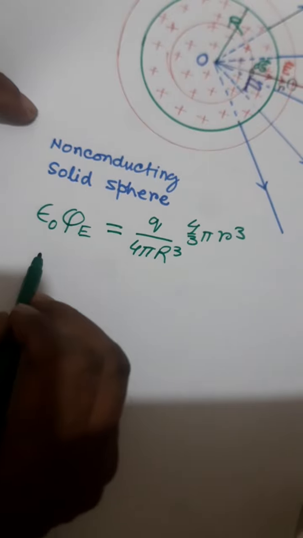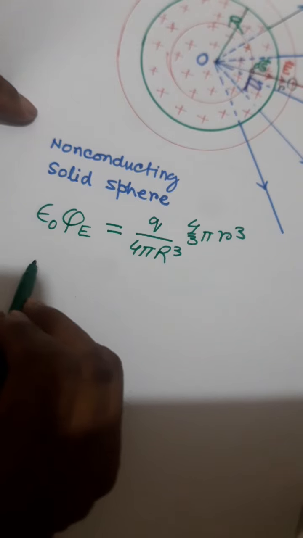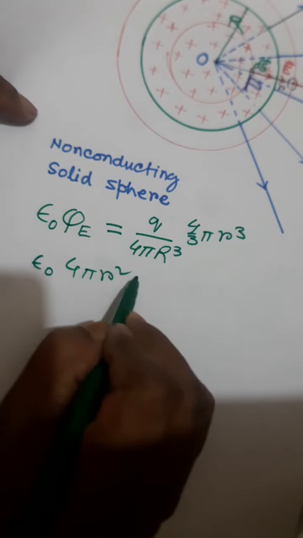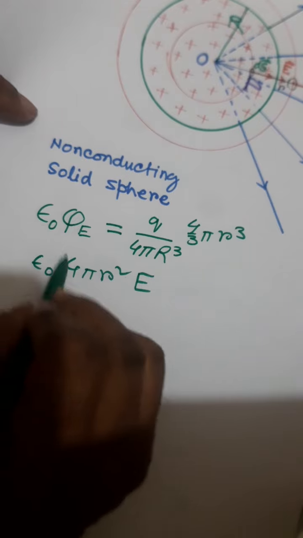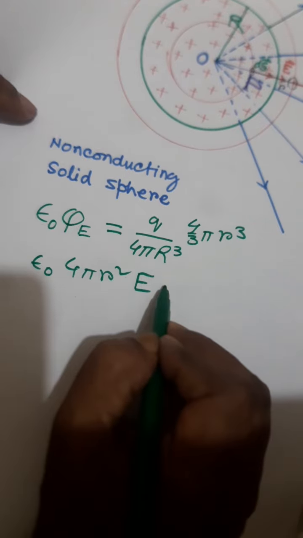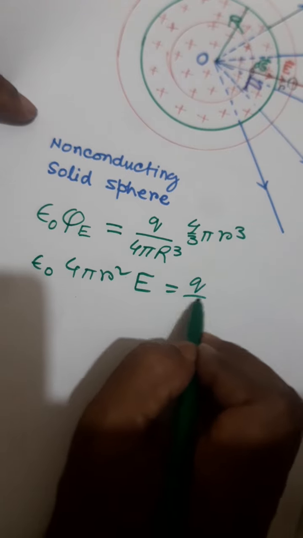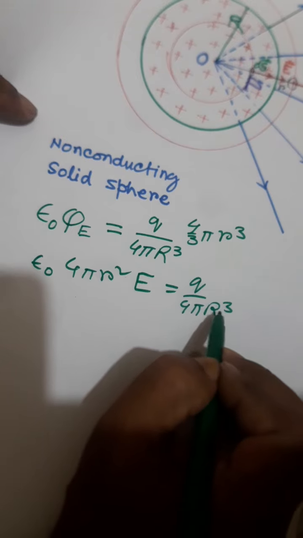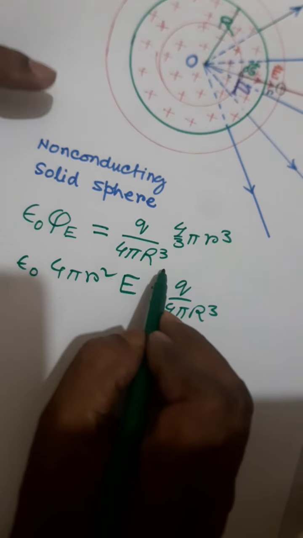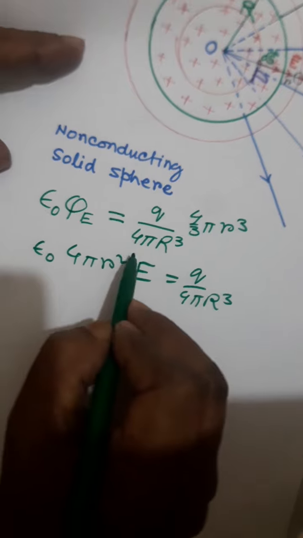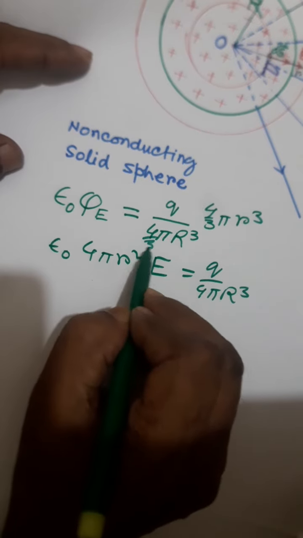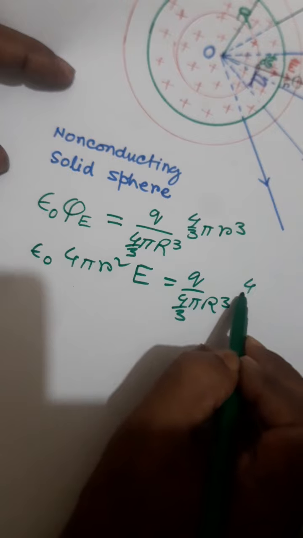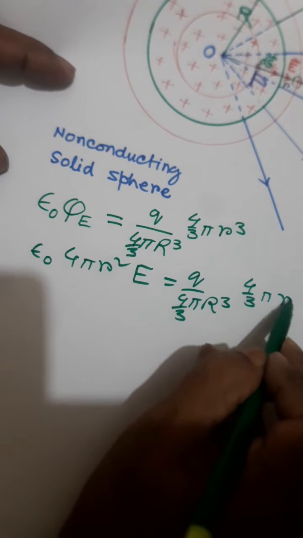That is, epsilon naught 4 pi r square E equals Q by 4 by 3 pi capital R cube into 4 by 3 pi small r cube.